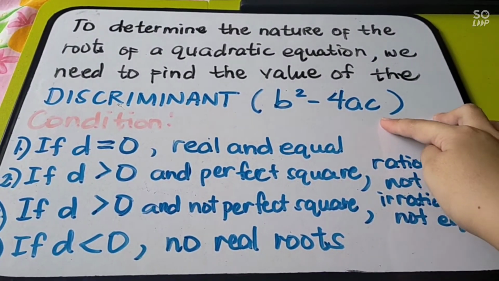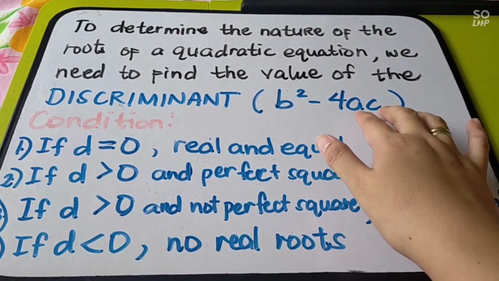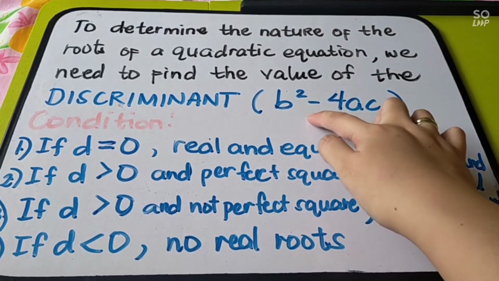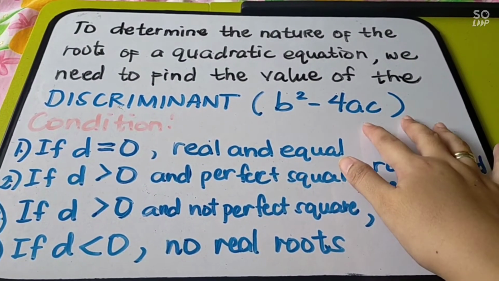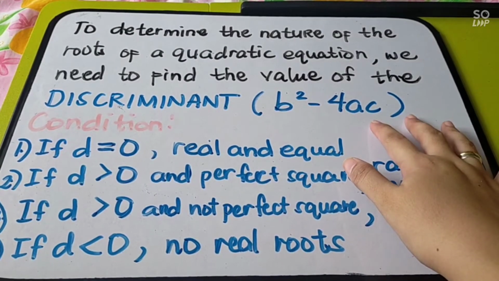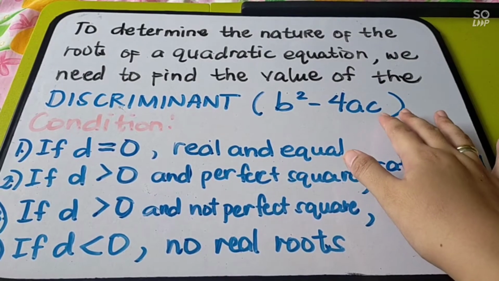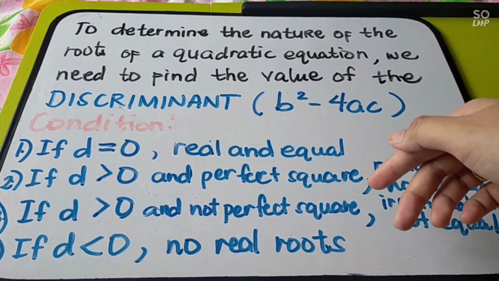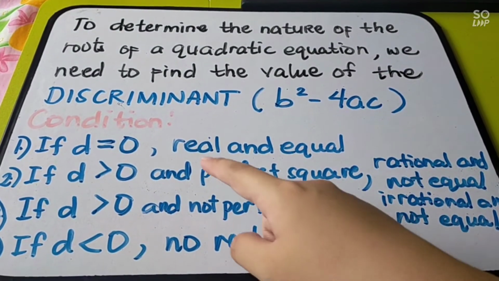Kung mapapansin nyo, itong b squared minus 4ac, ito yung nasa loob ng square root ni quadratic formula. So, siya yung magiging basis nyo kung ano ba yung magiging nature of the roots ng inyong mga kasagutan or yung x's nyo. So, here's the condition.